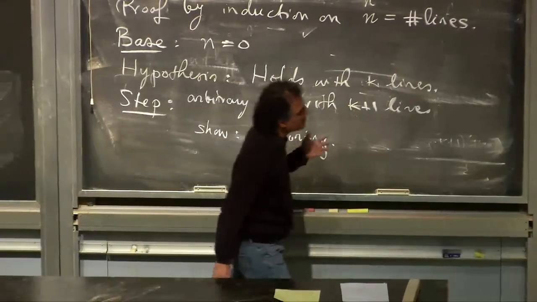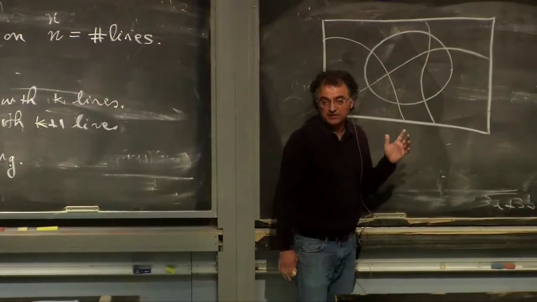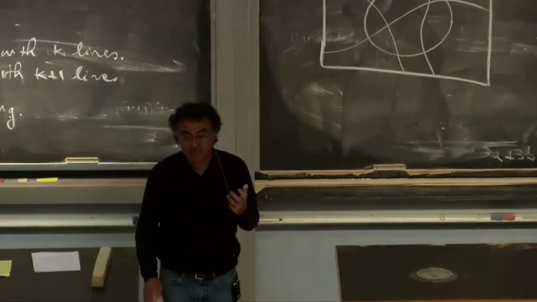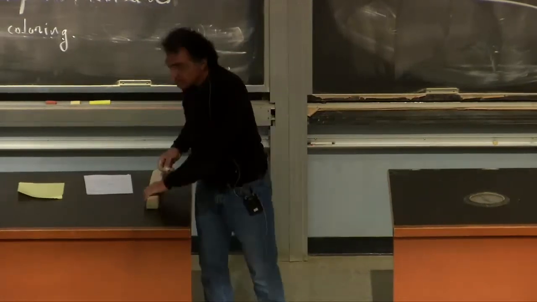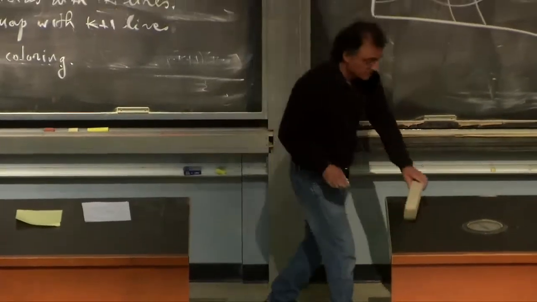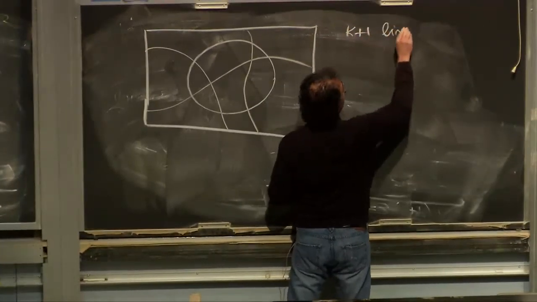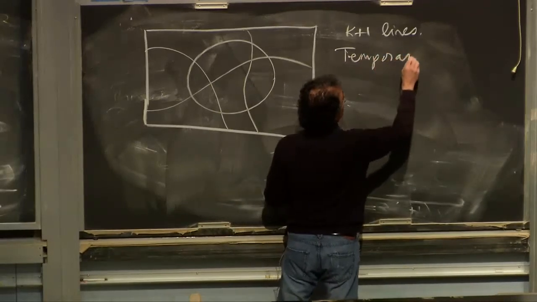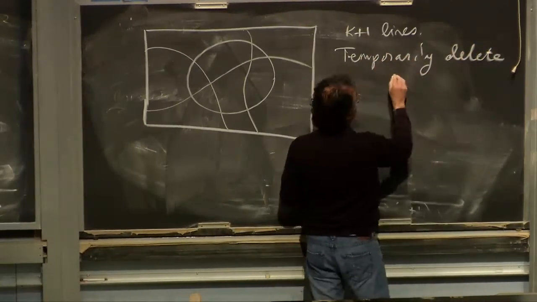How are we going to show that we can always color this with two colors, no matter what? Well, look, we have to use the induction hypothesis somewhere, right? So what do? Well, we go ahead. So we start with our k plus 1 lines. We temporarily delete one line.